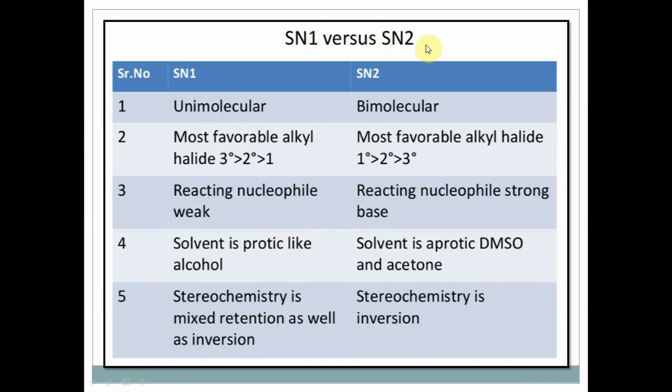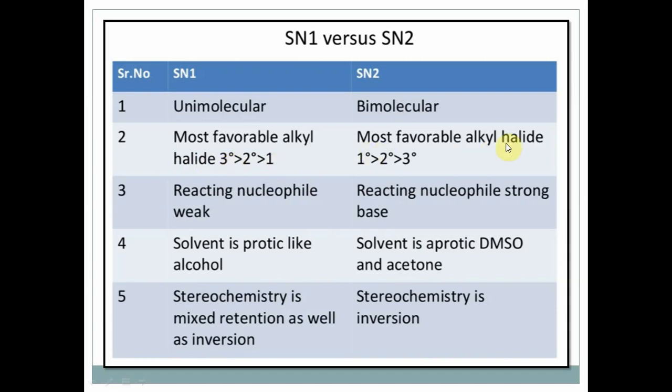Now SN1 versus SN2. SN1 is unimolecular, SN2 is bimolecular. For SN1 the most favorable alkyl halide order is tertiary, secondary, primary, because tertiary halide will give a stable 3 degree carbocation and secondary will give the 2 degree carbocation. So these are the favorable conditions. 3 degree is most favorable.